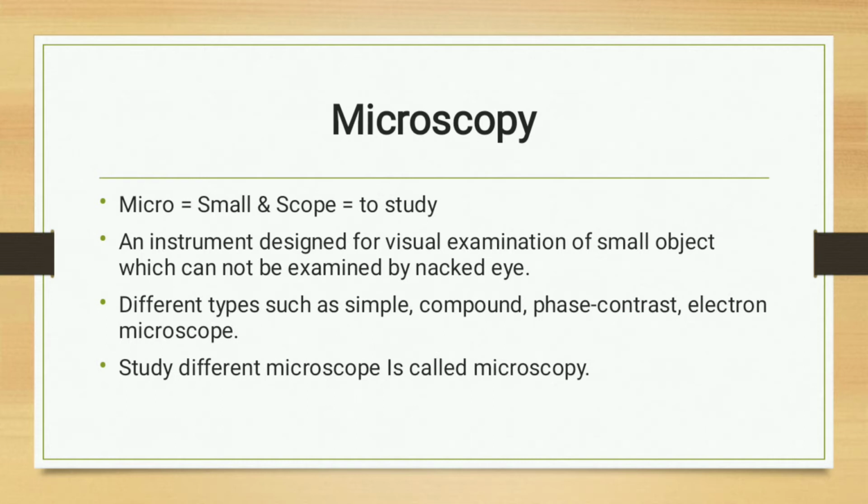Microscopy. What is microscopy? Micro means small and scope means to study. So, an instrument designed for visual examination of small objects which cannot be examined by the naked eye, that instrument we simply call a microscope, and the different types are the simple microscope, compound microscope, phase contrast, and electron microscope that we see in our day-to-day life.